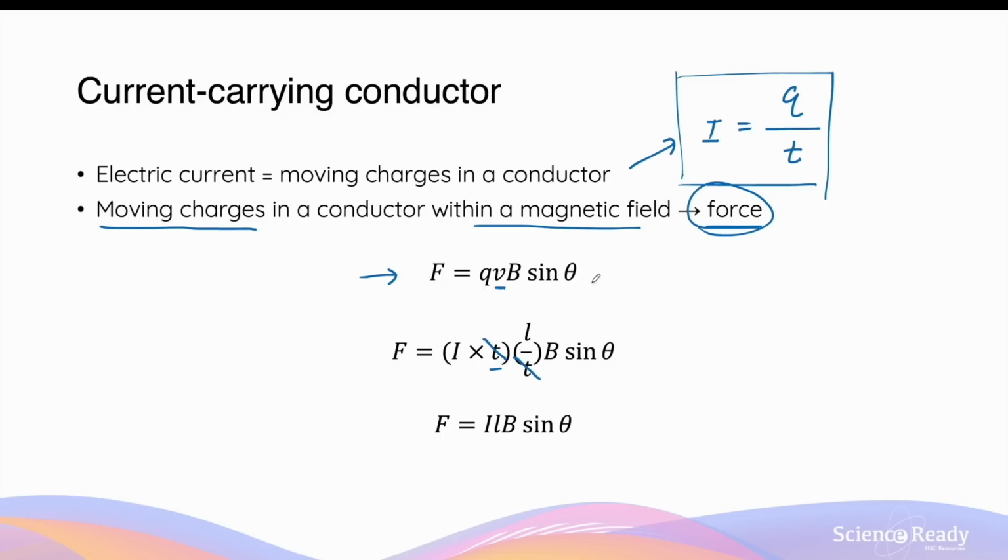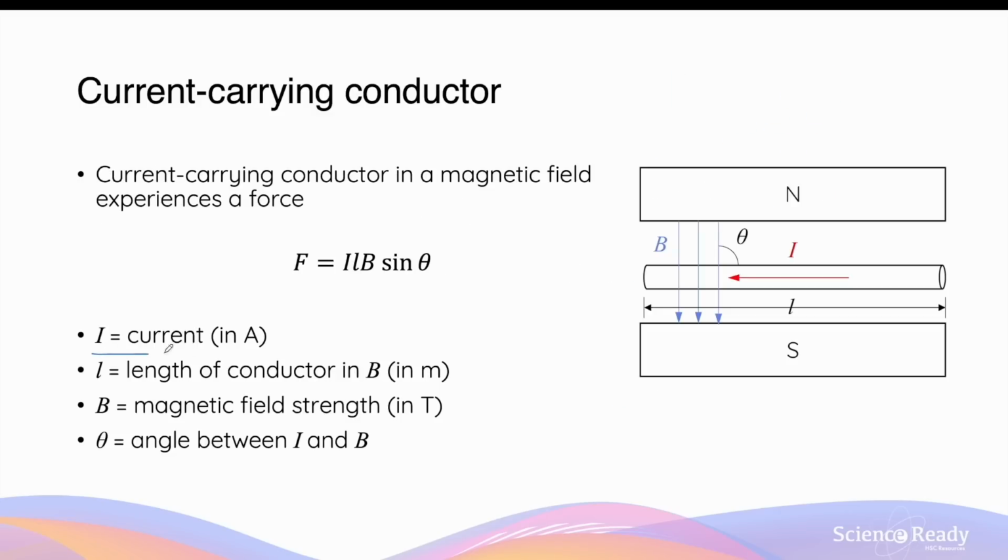This will transform the original equation into a new equation that we can use to determine the force acting on a current carrying conductor inside a magnetic field, F = LIB sine theta. In this case, I is current in amps, L is the length of the conductor that is inside the magnetic field, this is in meters, and B is of course the magnetic field strength, again in teslas.